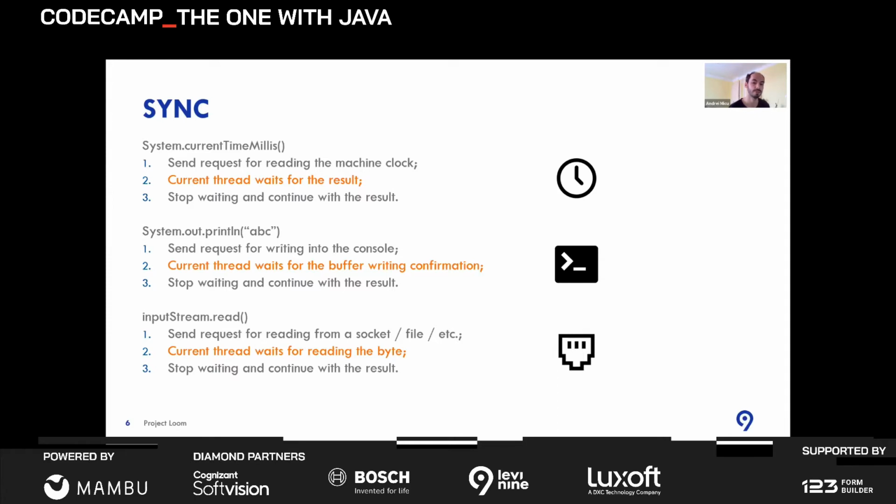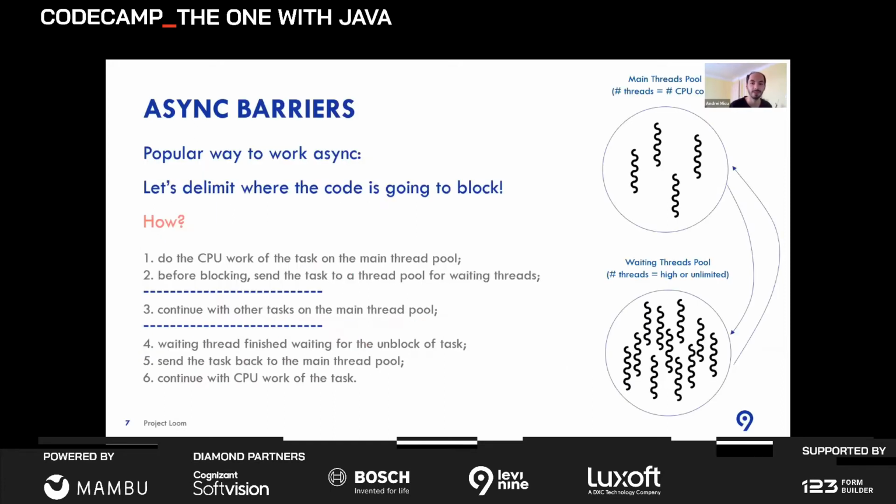And also flush, I should have added it here. Also, when reading from a socket, from a file or anything, the current thread waits for reading that byte or that array of bytes and just leaves the thread in a waiting state, doing nothing, wasting resources.